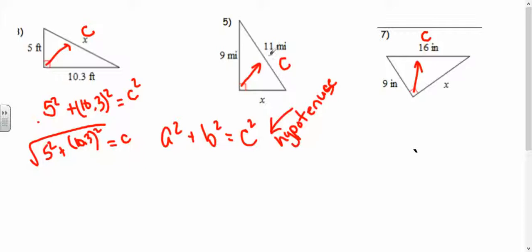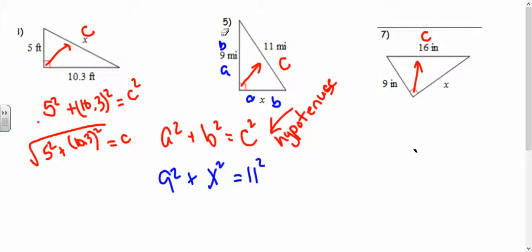Now on this one, the middle problem, your c you already know. So that's our 11 squared equals 9 squared plus x squared. Now in this case, I'm making this the a and this the b. Okay, it doesn't matter if this is the a or this is the b. Whichever one you want.